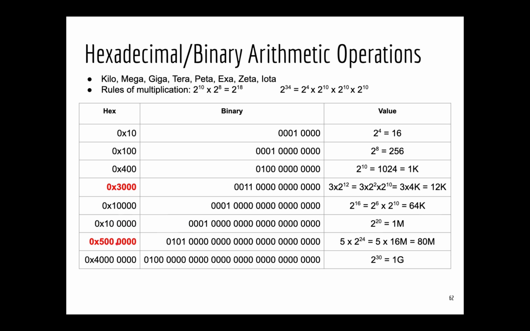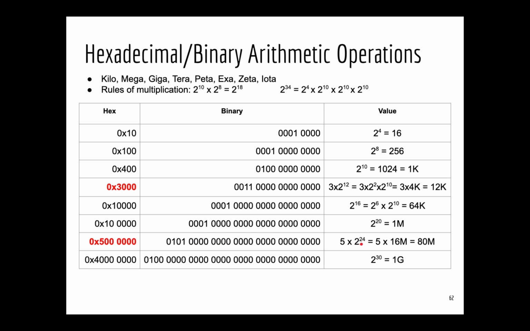The next example is again a trickier one, but if you expand this number into binary, this is what you get. We have 1, 2, 3, 4, 5, 6 zeros in our hex number. Those 6 zeros become 24 zeros in binary, and the leading number is 5. So if you rewrite the decimal value, this will be 5 times 2 to the power of 24, because of the 24 zeros.